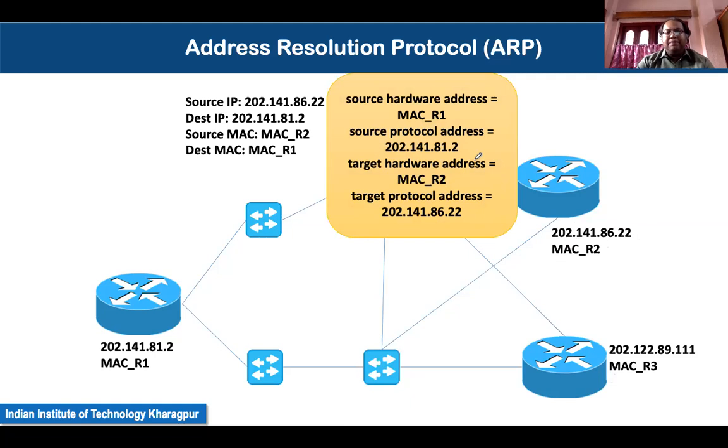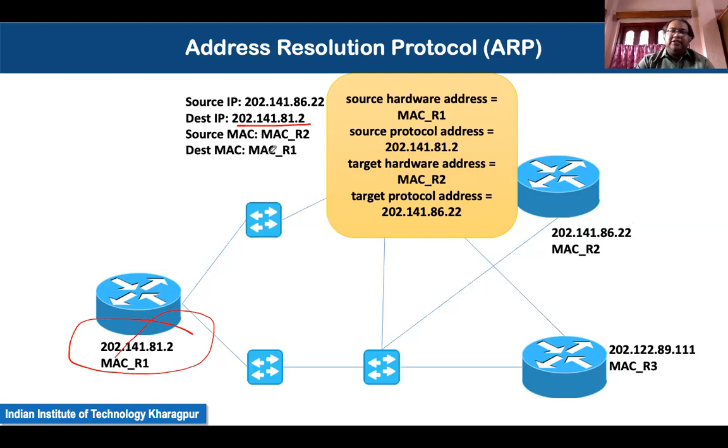So in ARP reply, what happens is that from the ARP request, you know who has actually requested that particular ARP data. So you put the source IP of this machine 202.141.86.22, and the destination IP is 202.141.81.2, which is the IP of this machine. So ARP reply is unicast to the machine which has actually requested the information.